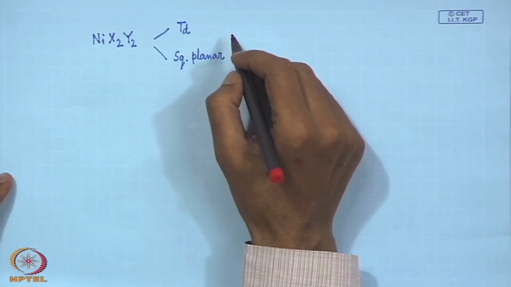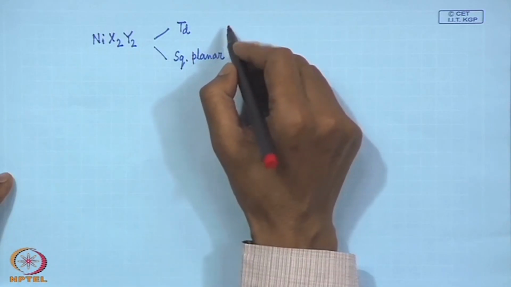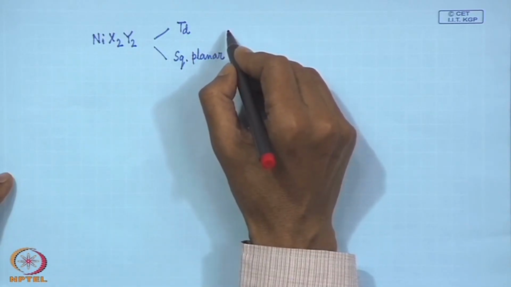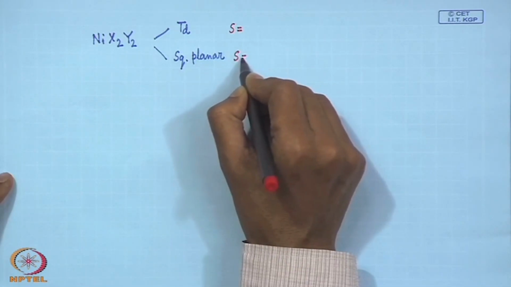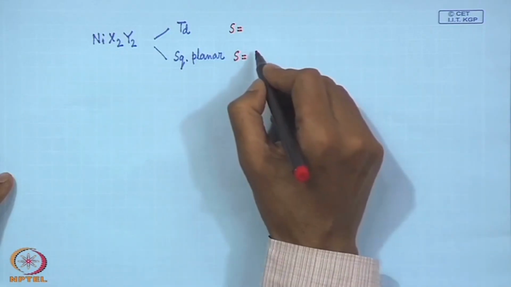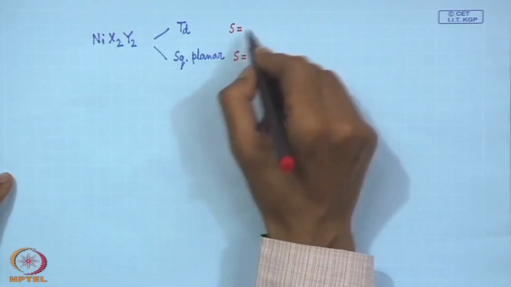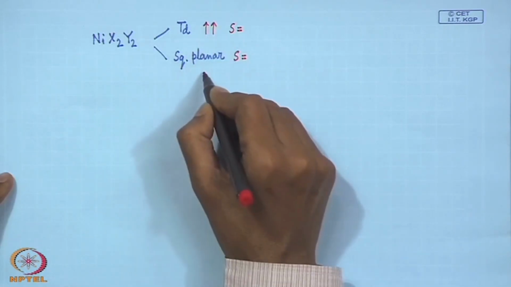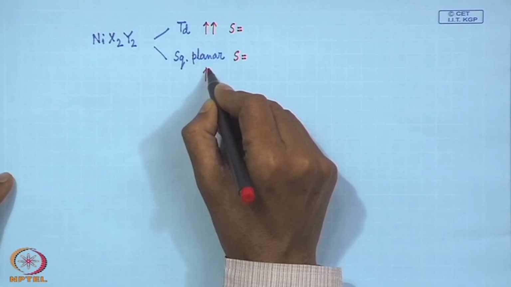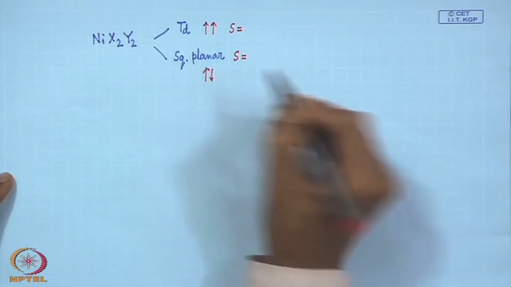We will find in all these cases the number of unpaired electrons would be different. So, S is equal to some value here, S is equal to some other value there. In case of tetrahedral geometry we have 2 unpaired electrons, but here all the electrons are paired.